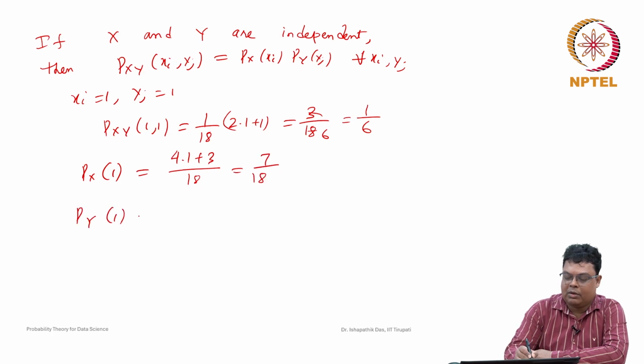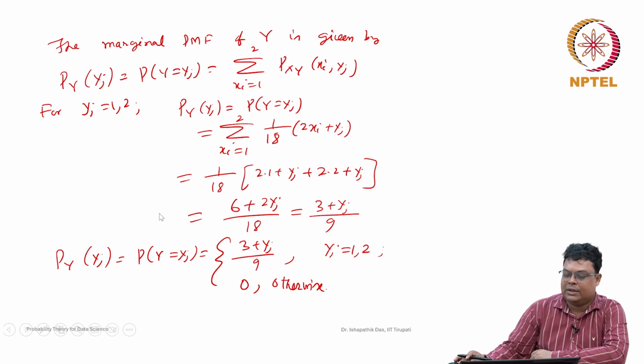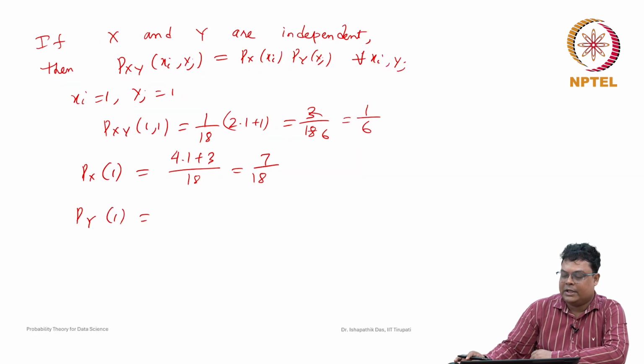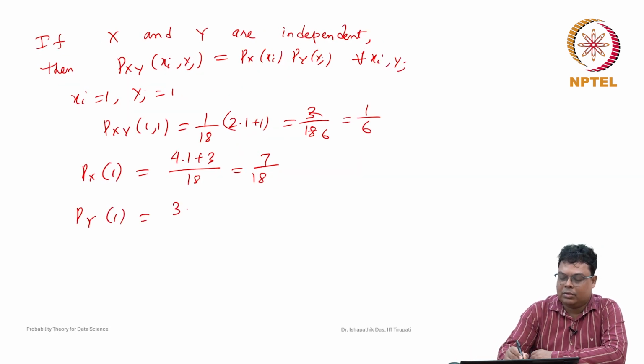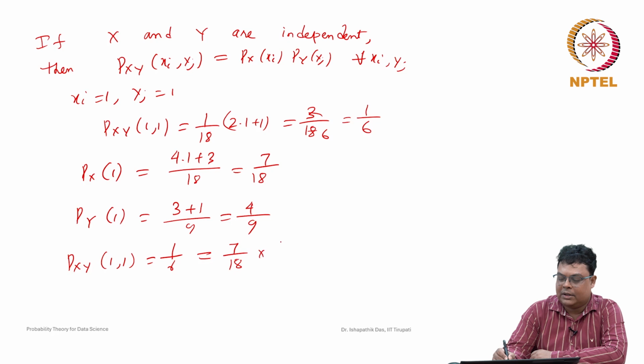And py of 1, what is the value? So py of 1 is 3 plus yj by 9, so 3 plus 1 by 9, so this is 4 by 9. So if pxy of 1,1 has to be 1 by 6, this has to be equal to 7 by 18 into 4 by 9 for independence, that is px of 1 into py of 1.